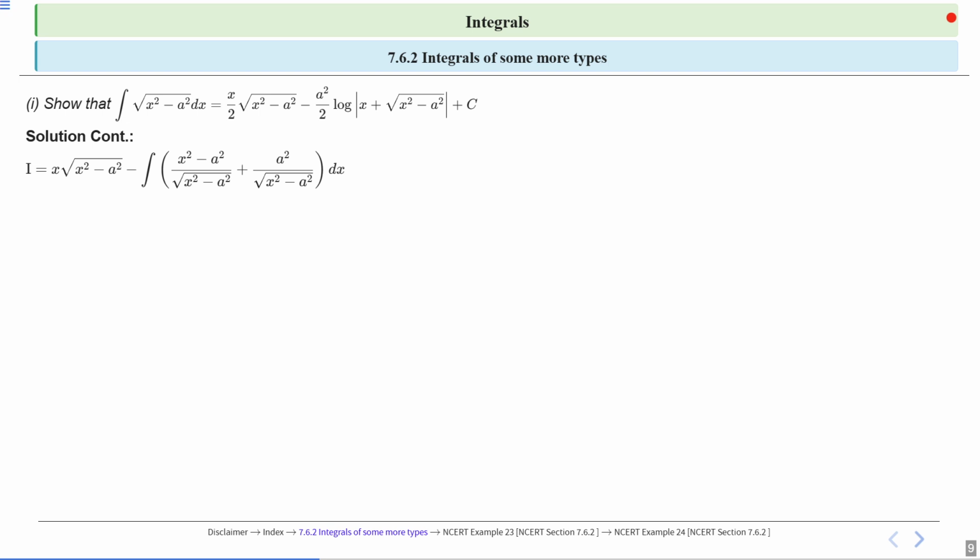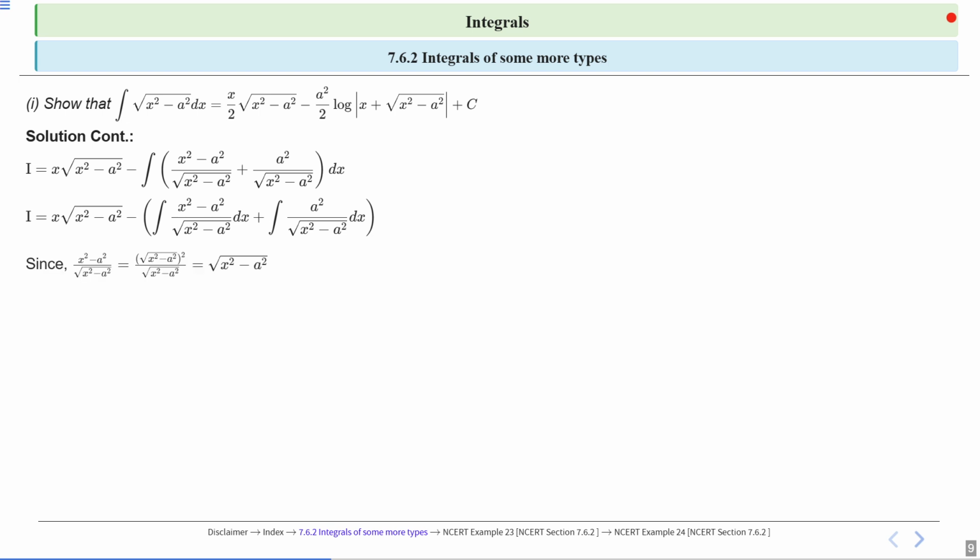In the first term we can cancel out the square root under x² minus a² from the numerator and denominator.